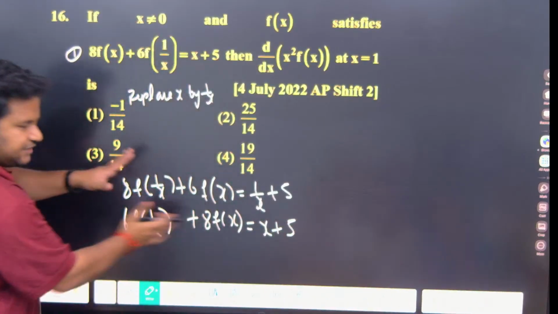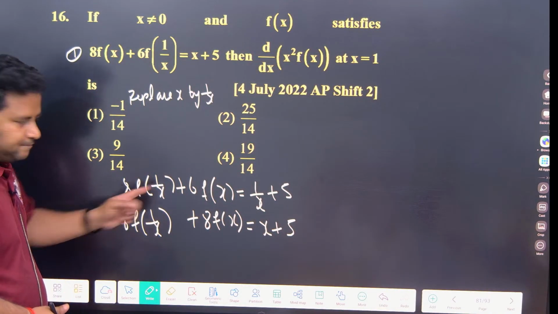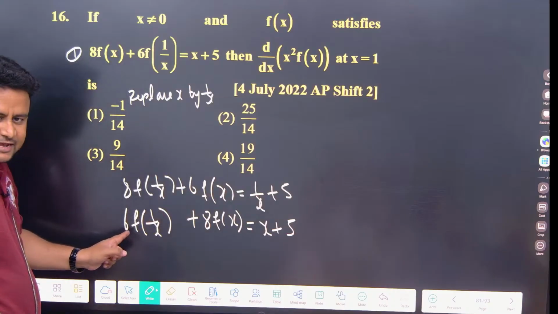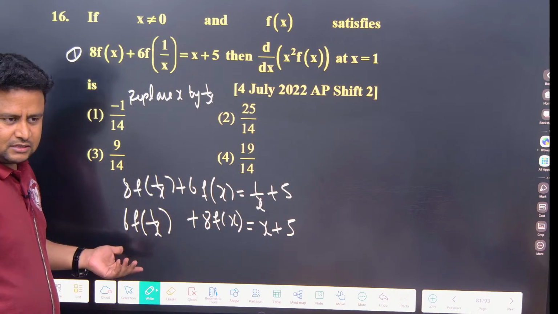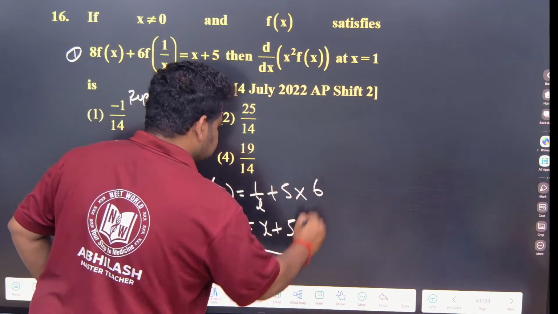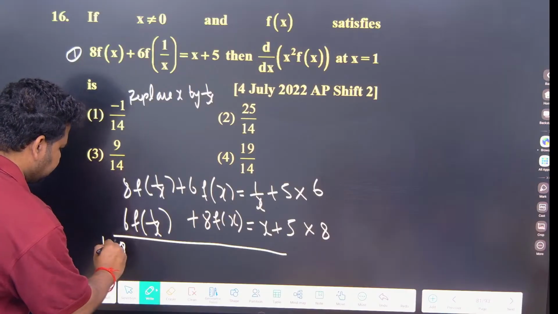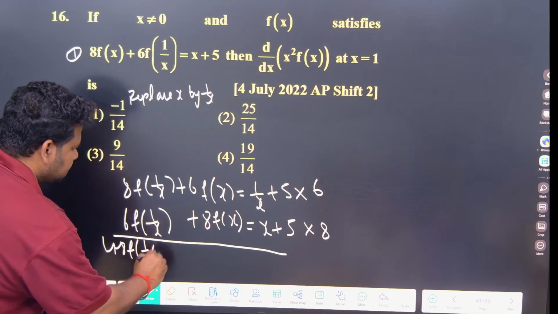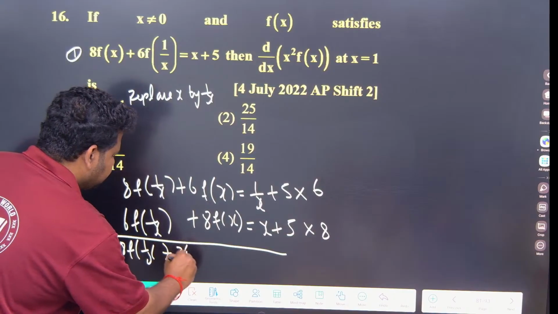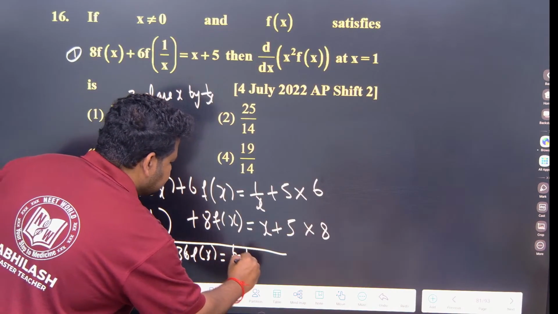Okay, I have to equate it. To equate it, here 8 is there, here 6 is there, so I will multiply this one by 6 and this one by 8. Just solving a linear equation, just like that. 6 eights are 48, so 48 f of 1 by x plus 36 f of x equals 6 by x plus 30.